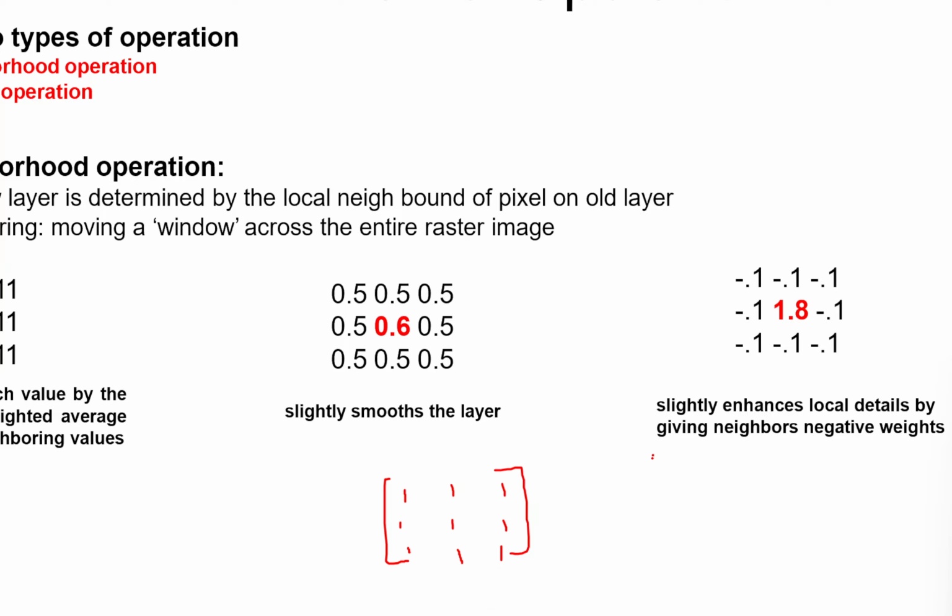And then there are some kernels which you can apply that will focus on the central pixel and negate the value that you have from the neighboring pixels. This kind of filter is used when you want to enhance the edges.